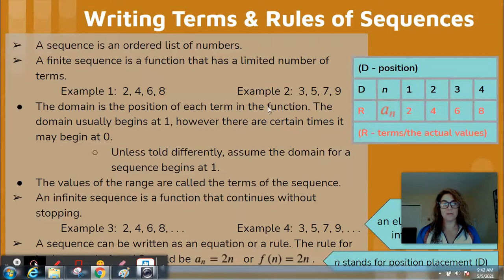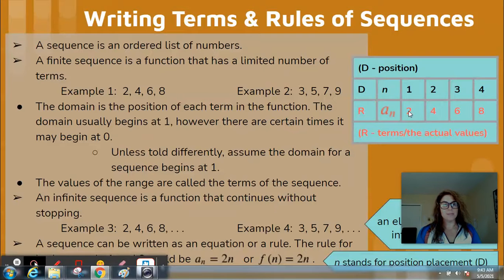There's only 4 terms there. 3, 5, 7, 9 ends. Or whether I have 2, 4, 6, 8 ... or 3, 5, 7, 9 ... meaning it's going on forever. Both of those rules are 2n. 2 times n.